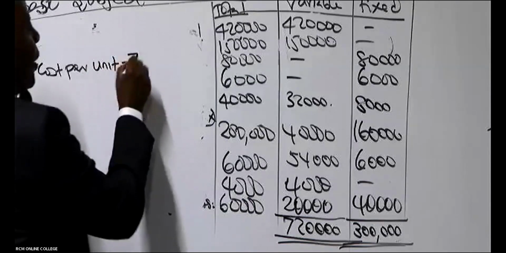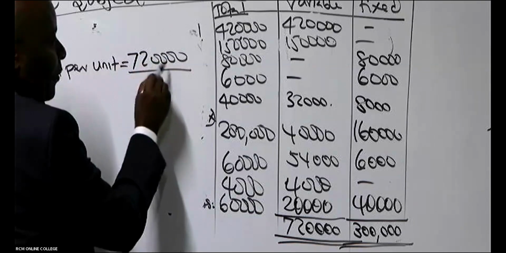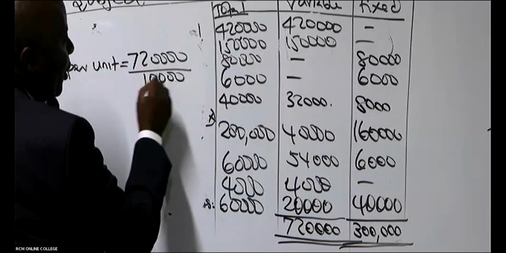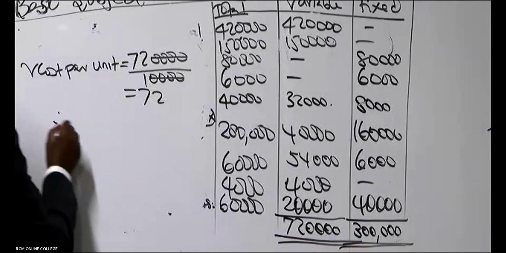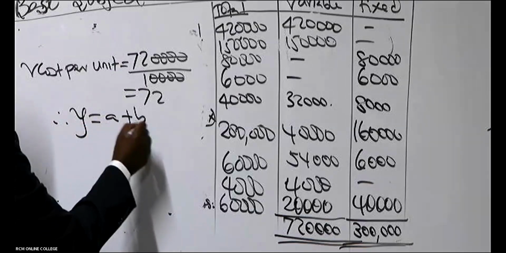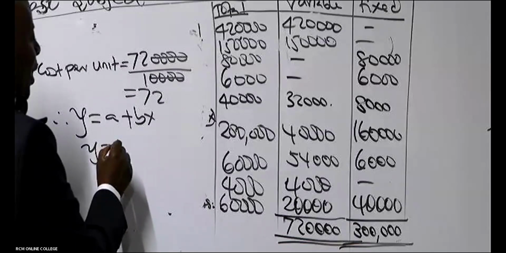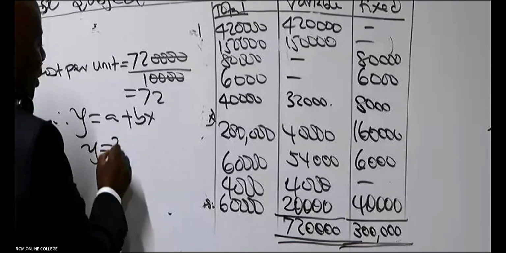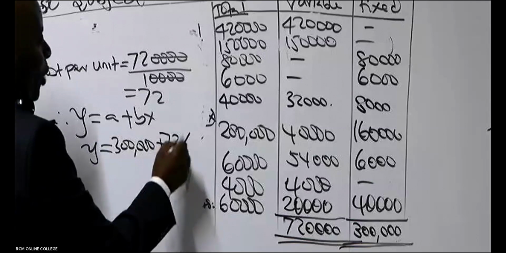It will be 720,000 divided by how many units were produced? 10,000. So this is 72. And therefore, the cost estimation equation is like this: our Y will be equal to A, where A is the fixed cost, 300,000, plus B, which is 72, times X.